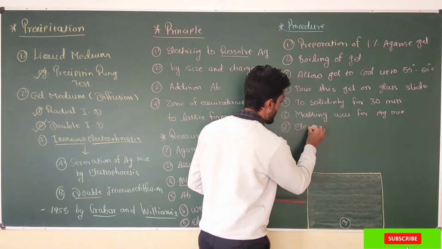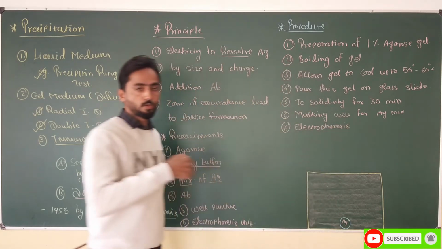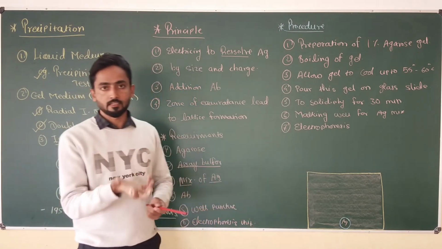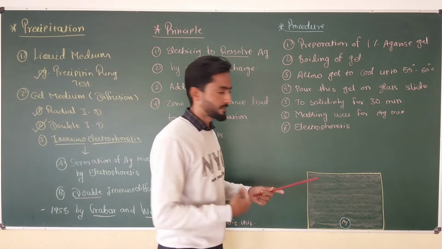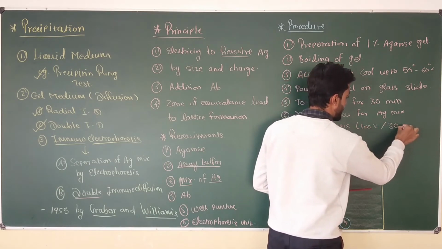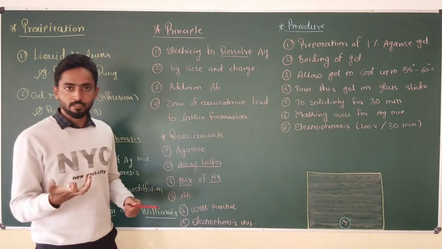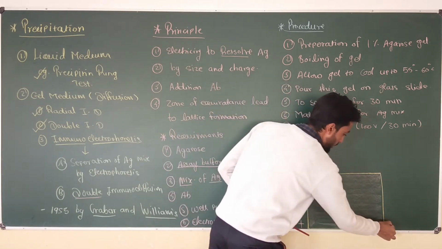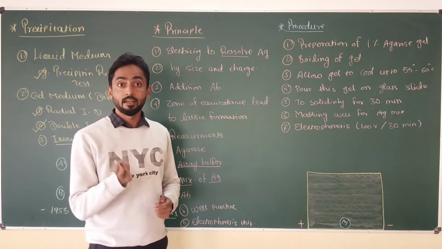After addition of the antigen into the well, the next step is electrophoresis. We are going to use an electrophoresis unit. We place this glass slide onto the electrophoresis chamber and apply electric current, approximately 100 volts for 30 minutes. In the electrophoresis tank we have one positive and one negative electrode, that is, the anode and cathode.